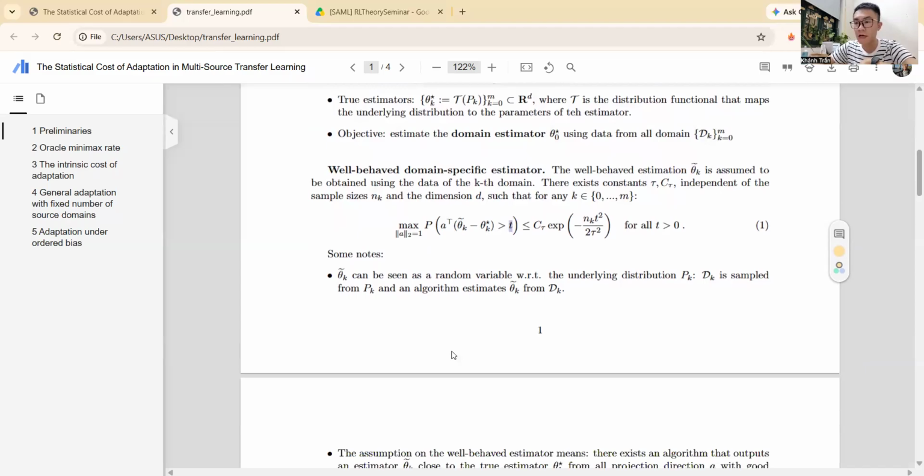Some notes on that definition: first, theta tilde k can be seen as a random variable, so that's why they introduce the sub-Gaussian and the probability in the definition, because from an underlying distribution Pk we have the data Dk sampled from that distribution, and the estimator theta tilde k is learned from the data Dk.